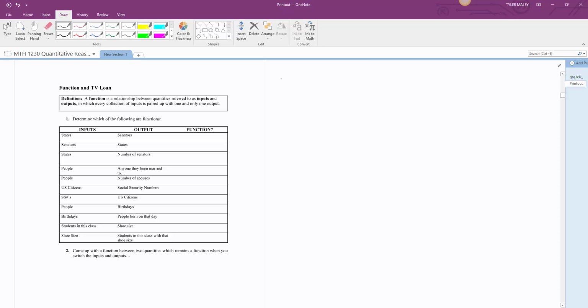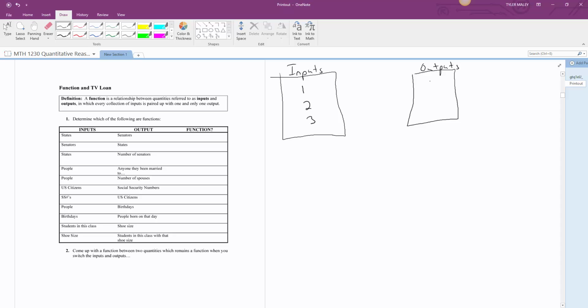So you may have seen like a mapping where like here, maybe I have my inputs here, so inputs, and then maybe over here we have outputs. Right? And then maybe for inputs, my options are 1, 2, and 3.